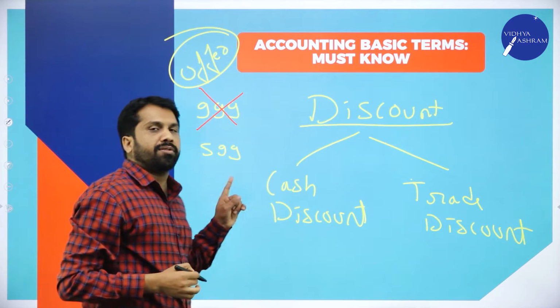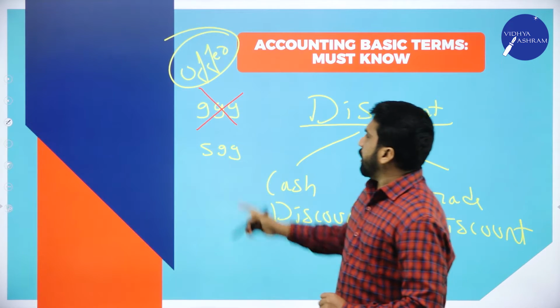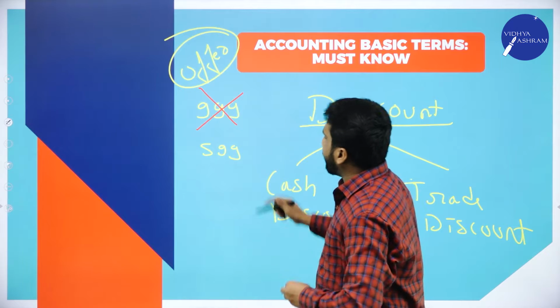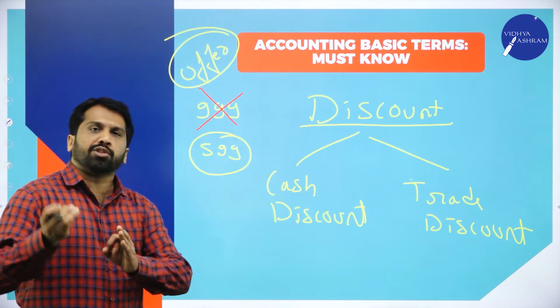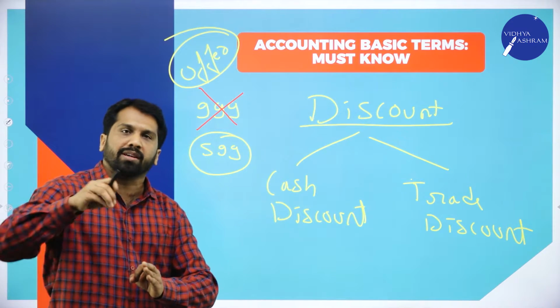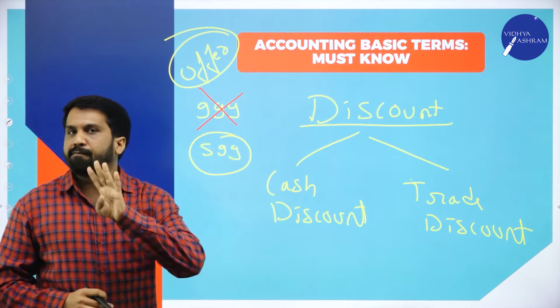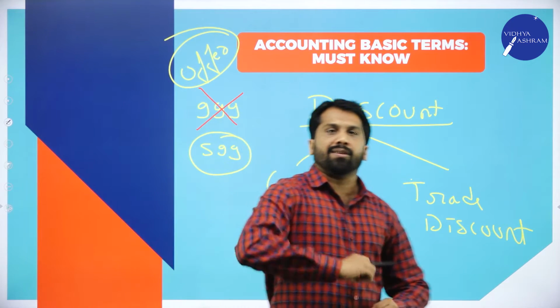Understood this one? If you go to any shops or malls, they will write 999 as the price and the offer price is 599. In this, the shop owner himself is giving you a discount worth 400. Worth 400 rupees discount they are offering.